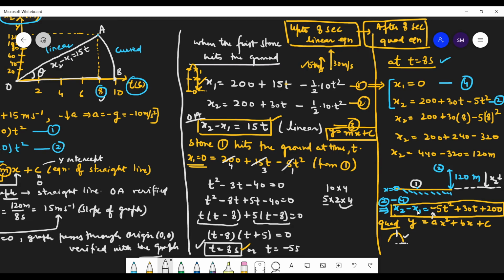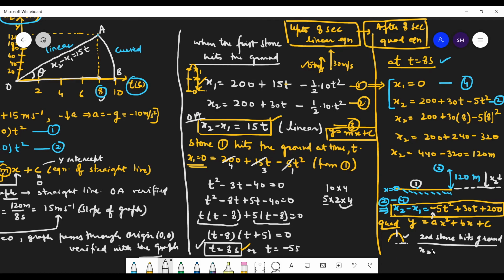So obviously x1 equals to 0, so when it touches the ground, when will the second stone hit the ground? So the second stone hits the ground.